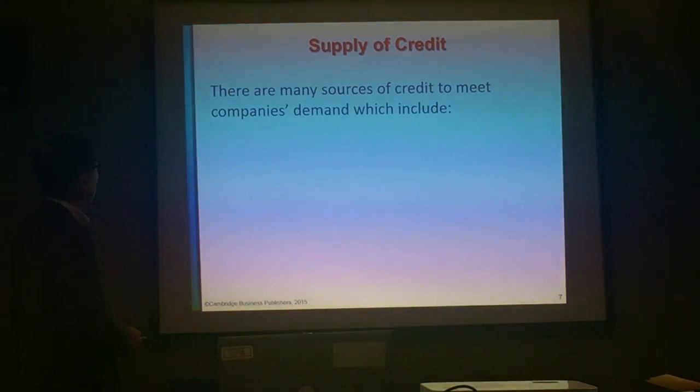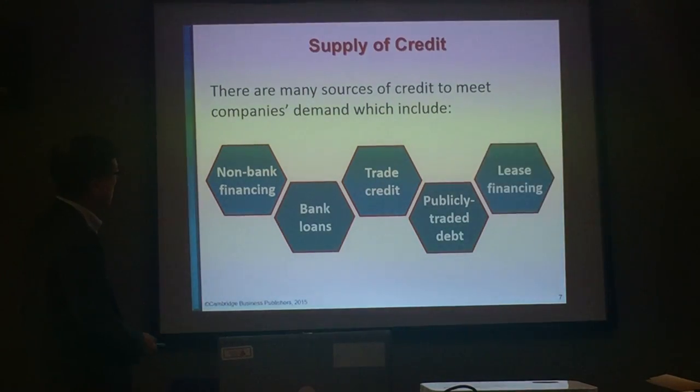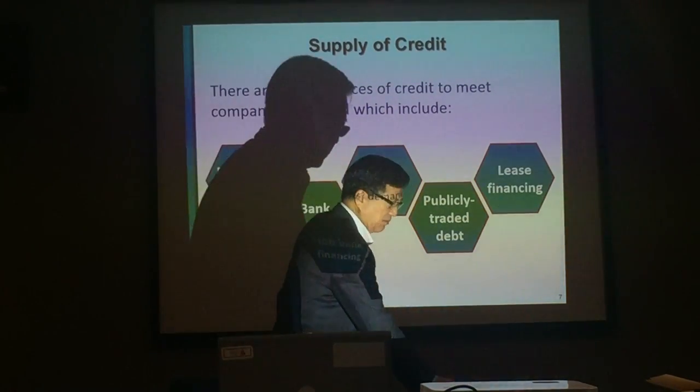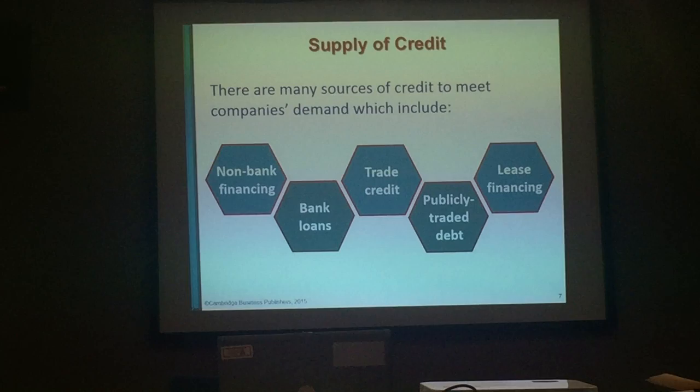Credit. Who supplied credit? See, here we have a bank loan, which is a private debt. Do you know bank loan? We thought, oh, bank loan is a public debt.